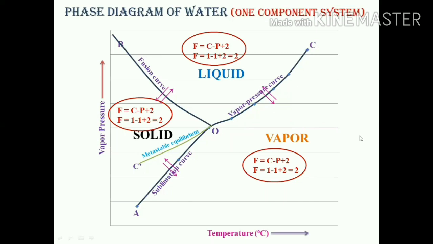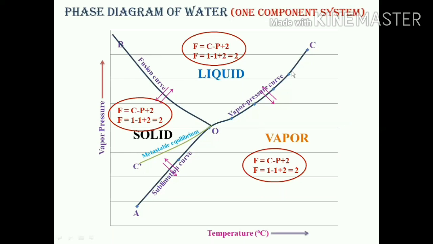That means we can summarize that the degrees of freedom in any area has the value of 2. That means it is a bivariant system if we talk about any area in this phase diagram. So just remember this point, that the number of degrees of freedom is 2 in the areas, and it's a bivariant system.